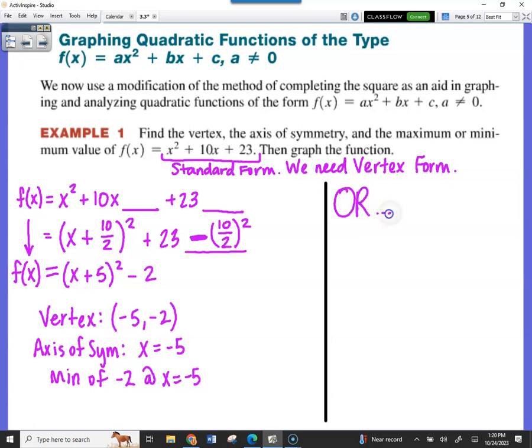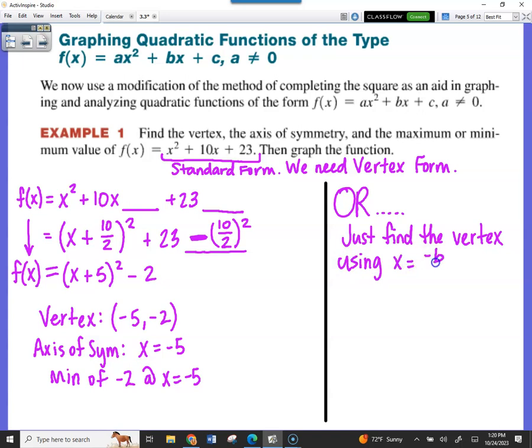Or you can take the quadratic in standard form and just find the vertex by hand. Instead of getting it in vertex form to state the vertex, we can jump straight to finding the vertex using this formula.